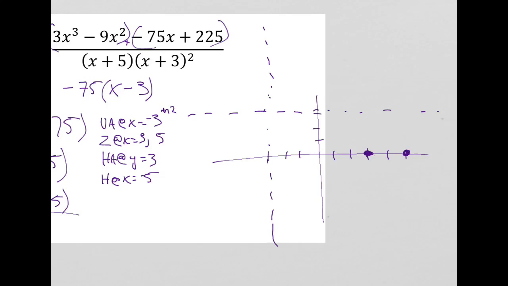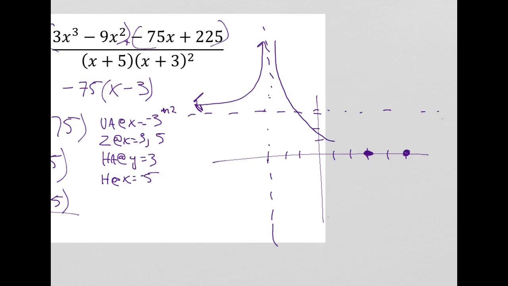So now let's piece this together. If we look at the left branch, we know we are going to be in the upper branch there, because if I were in the lower branch, I would have to have zeros, and I don't. And we know we also have to start in the upper branch, because that vertical asymptote has a multiplicity of 2.